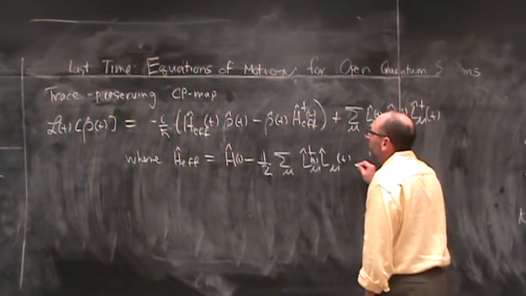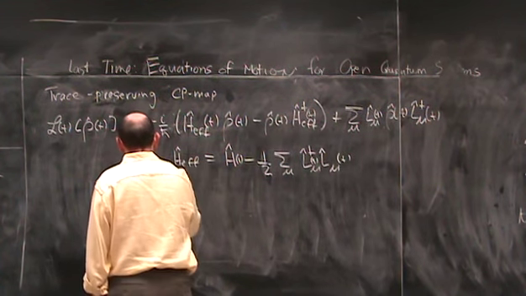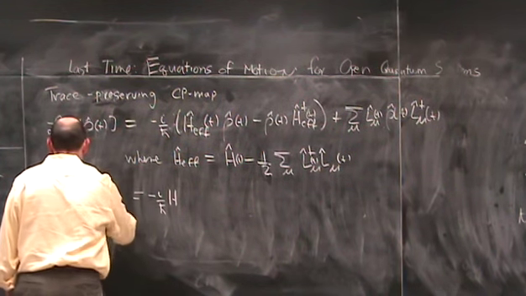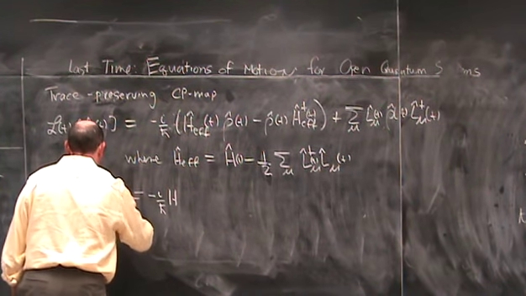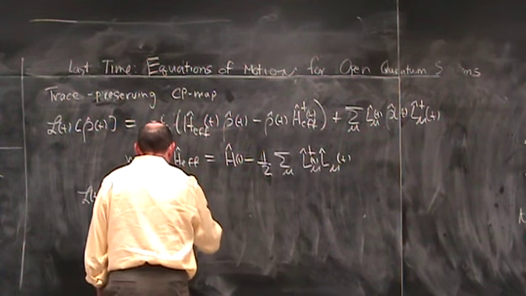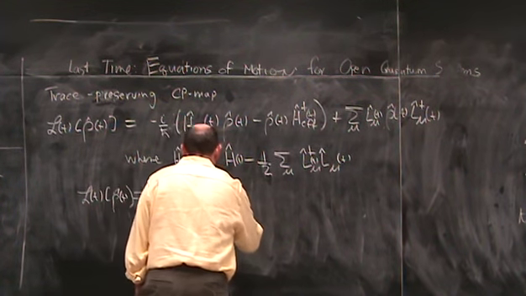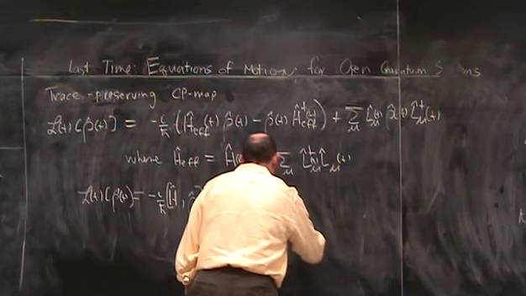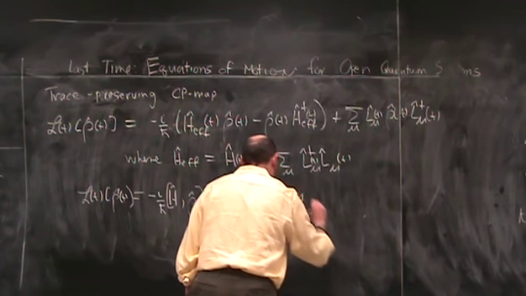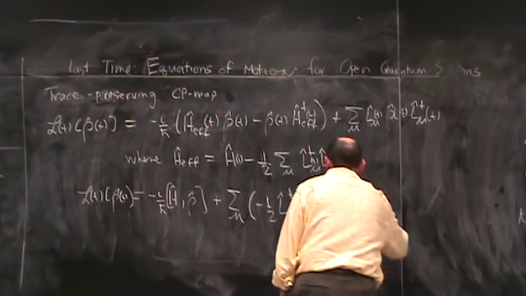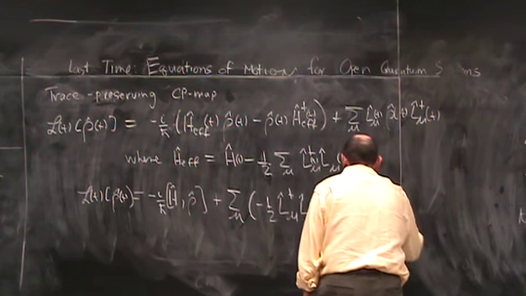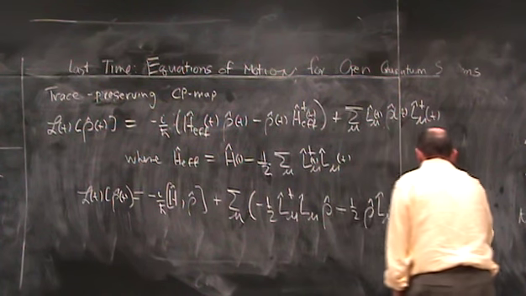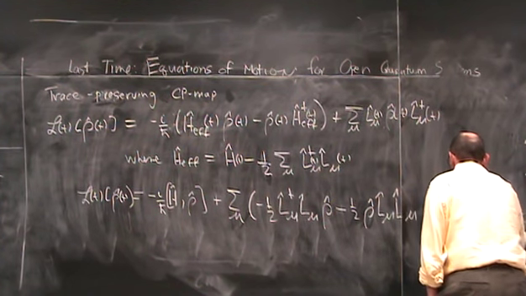Often you will see this written as the time derivative of rho equals minus i over h bar, the commutator of H with rho, plus the sum over mu of minus a half L mu dagger L mu rho, plus L mu rho L mu dagger. I'm going to leave out all the explicit time dependence there, but just remember that in principle everything can be a function of time.